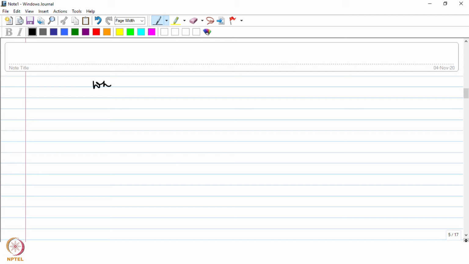So when alpha differs from 1, the isotherms are deflected in the vicinity of the particles.